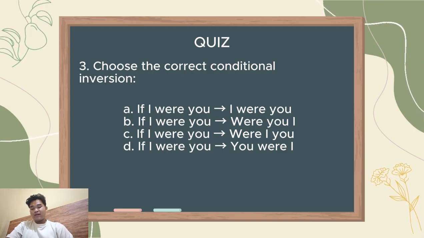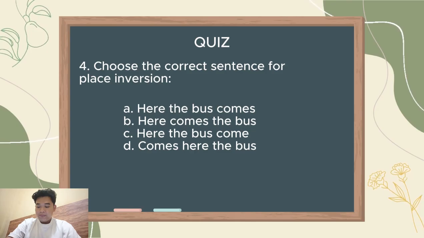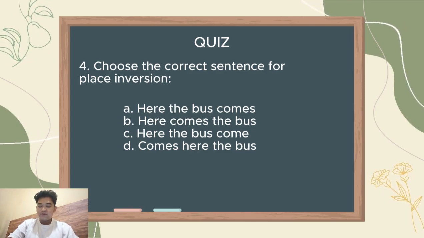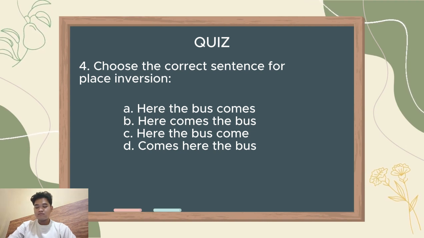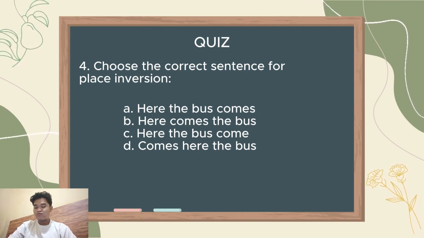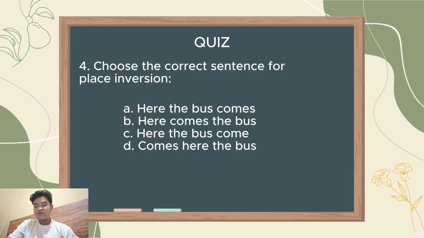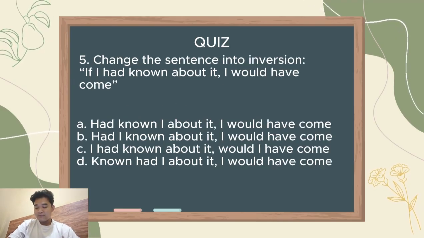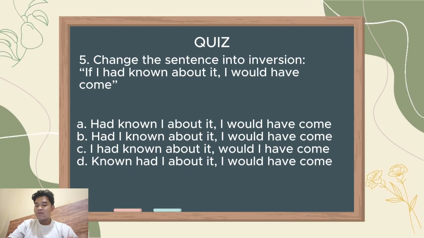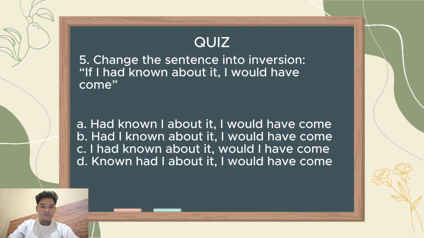Okay, let's continue to the fourth question. Choose the correct sentence for place inversion. Okay, now let's move on to the last question. Change the sentence into inversion: "If I had known about it, I would have come."